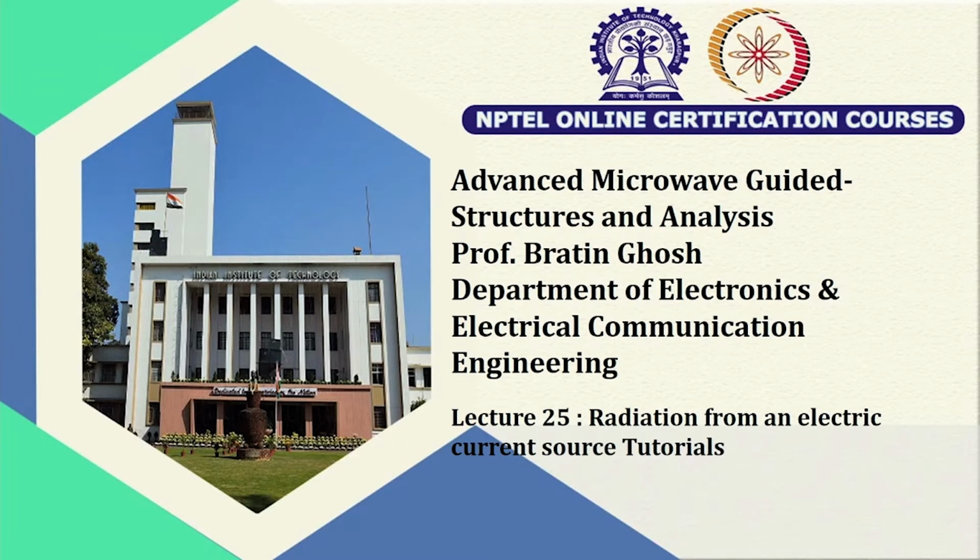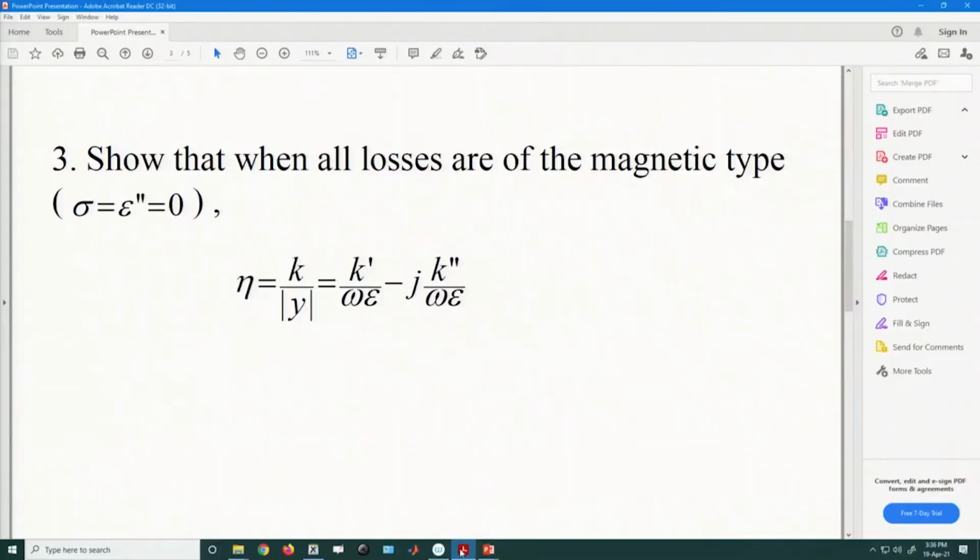So, to start with, the first problem states that we need to show when all the losses are of the magnetic type, then eta equals k by mod of y, that is equal to k prime upon omega epsilon minus j k double prime upon omega epsilon.